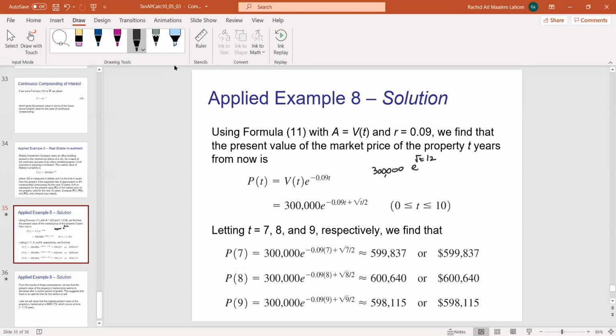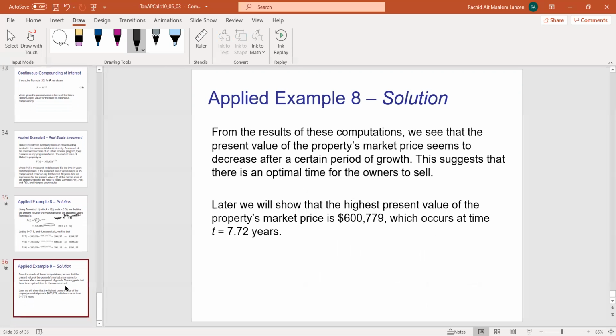And if you multiply it by this, you see the same base, which means you're going to add these exponents. And that's what you have here. Now you can try for 7, and you can try for 8, and for 9, and find these P values.